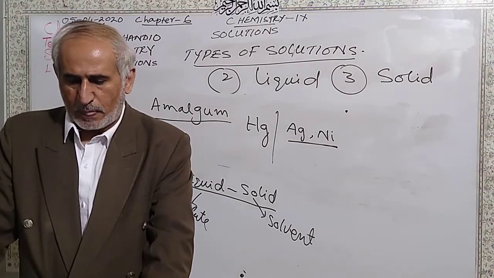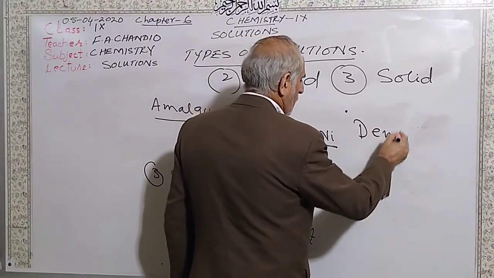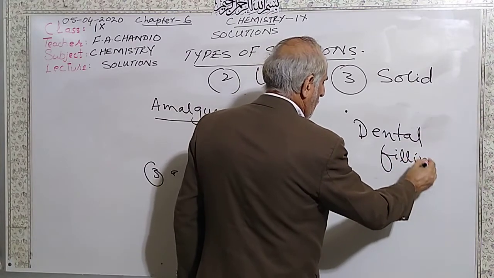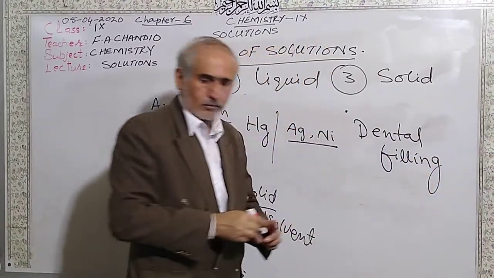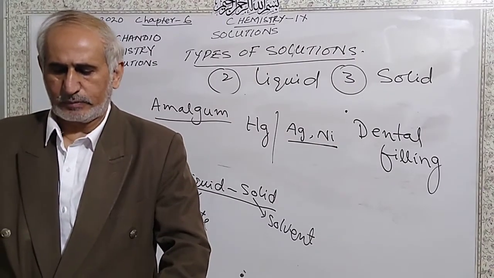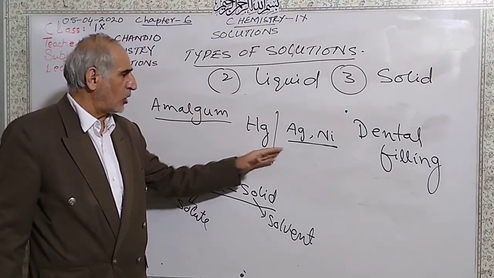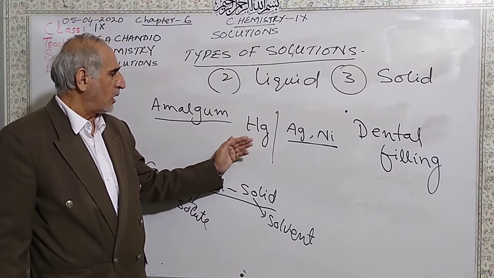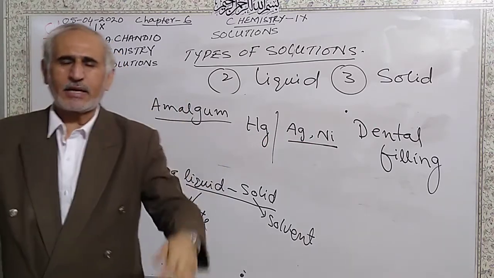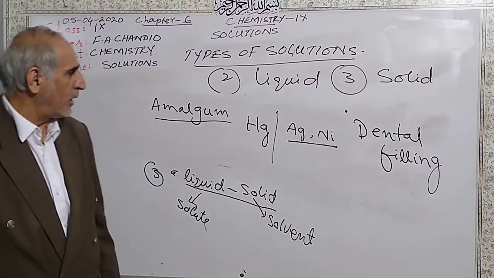This amalgam is used in dental filling. Make a solution of silver and nickel with the mercury, and where the cavity is, according to the dentist, there is a cavity hole in the teeth.